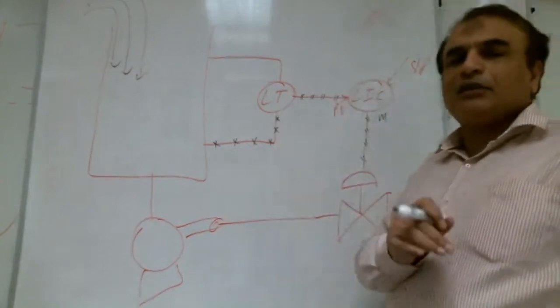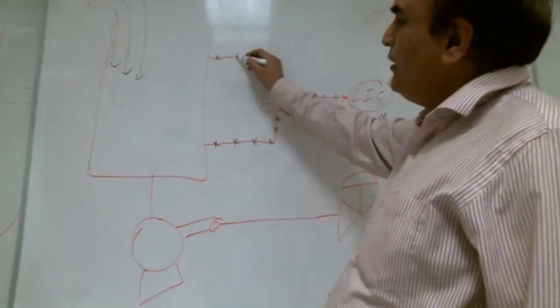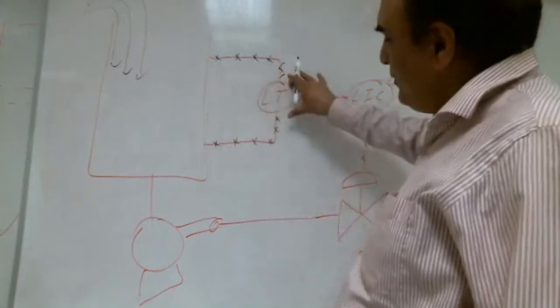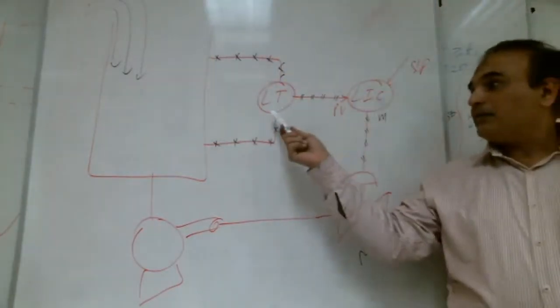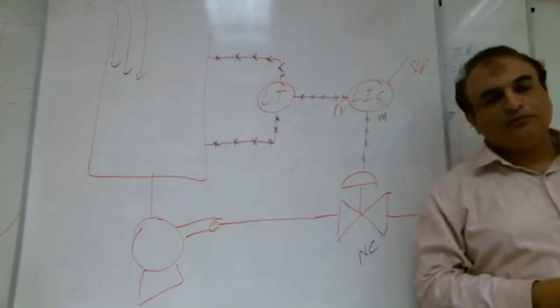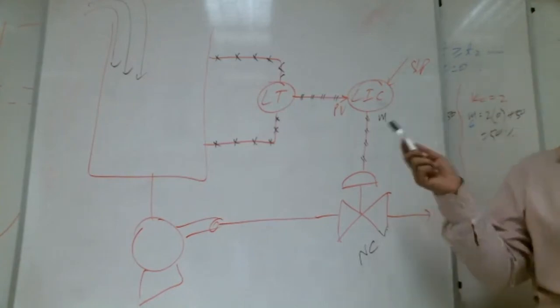Please ask me whenever you come to the lab, I will show you this tubing. It is taking a very small amount of the fluid from here and bringing it here, and they take the differential pressure. What is the name of this tube? Capillary tube, brass capillary tube. Okay. So whenever you come to the lab, please ask me, I will show you guys.